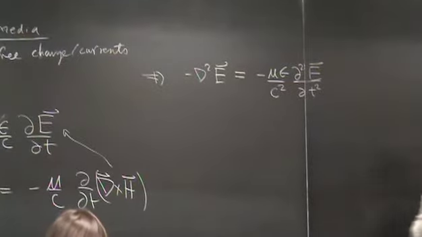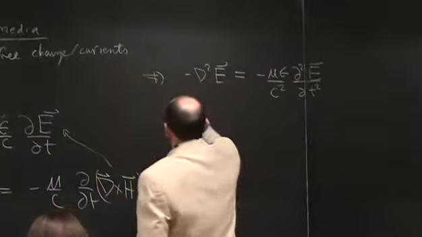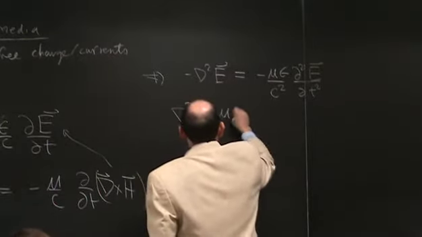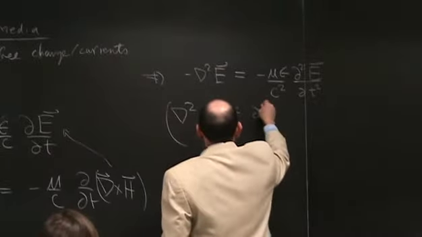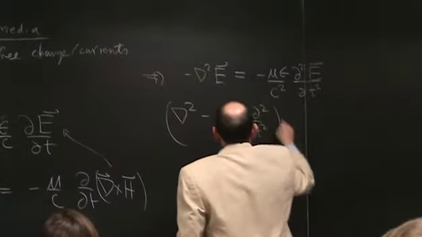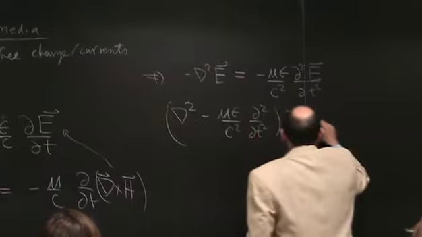Okay? Or del squared minus mu times epsilon over c squared d by dt squared times E is equal to 0.